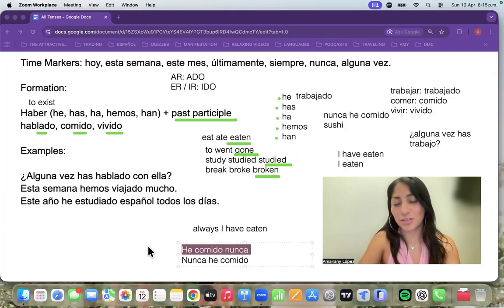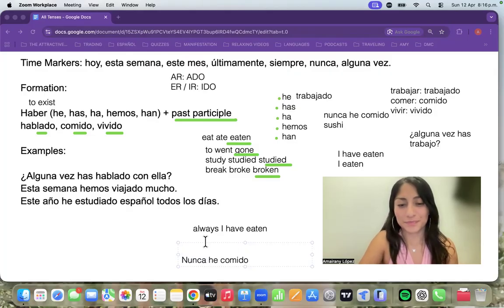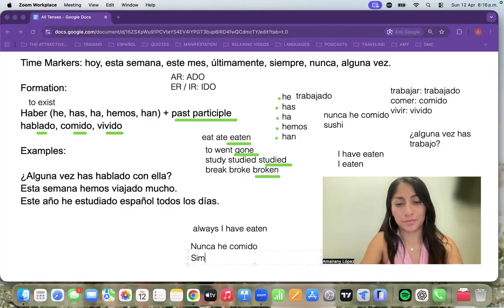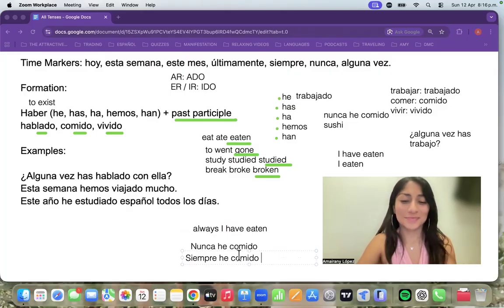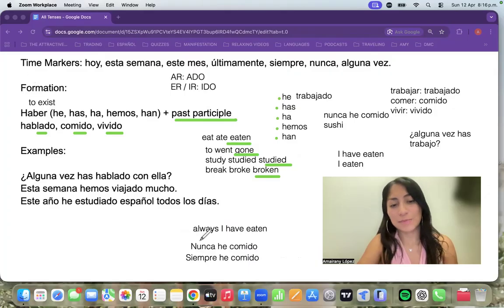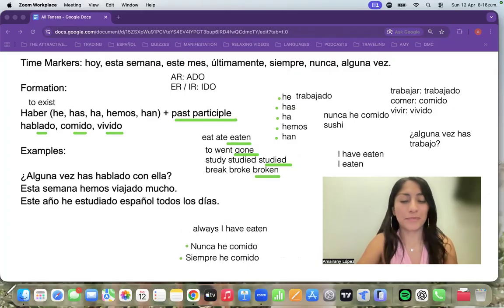So in terms of structure, Spanish would have the adverb of frequency first, okay? Nunca he comido. Or siempre he comido. Comido siempre, I guess here and there it could work, but the best thing to do is just to keep it at the beginning, okay?